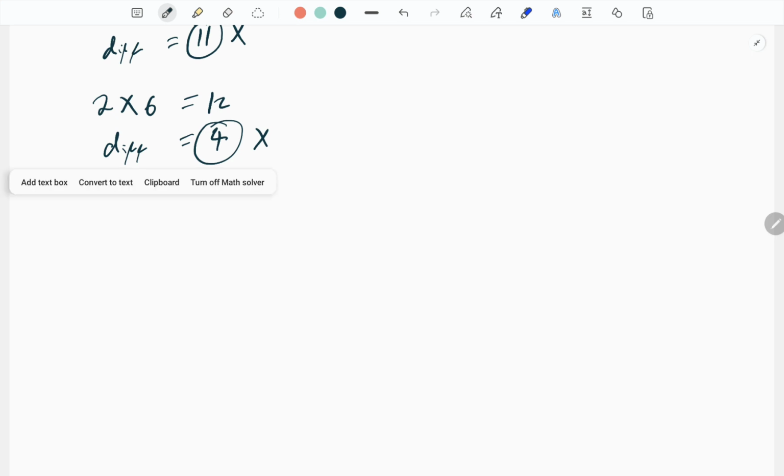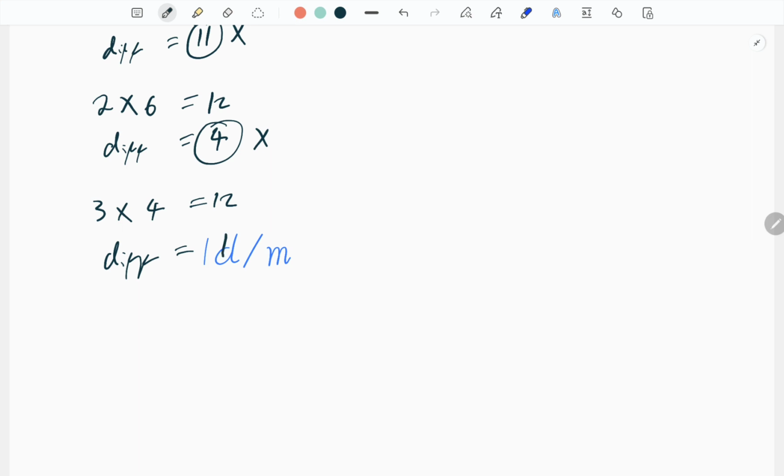Remember, it's 1, 2, now 3. 3 times which number for 12? That's going to be 3 times 4. This is going to be 12. Now 4 minus 3 gives 1, or 3 minus 4 gives -1, but the constant we want is 1, right? The 1 can be positive or negative.